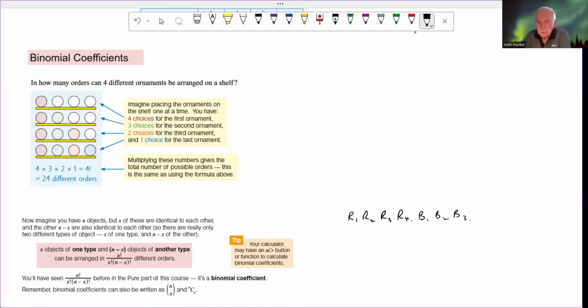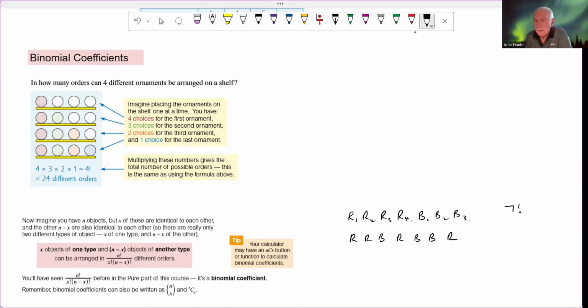So if they were arranged like red, red, blue, red, blue, blue, red, it doesn't really matter which is R1 and which is R2 and so on. We start off by imagining that we can arrange these seven different balls. There would be seven factorial different ways of doing that.